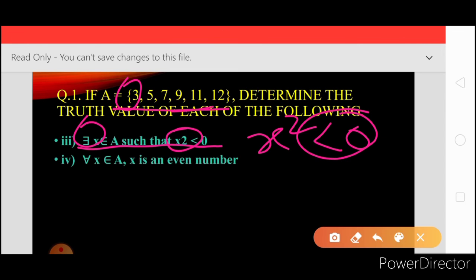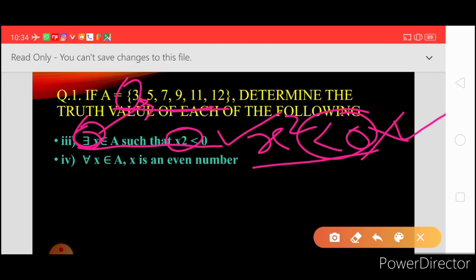We know the square of a real number is always positive, so for every number it is wrong. This means the given statement is false, because we can't find even one element in A such that x square is less than 0.